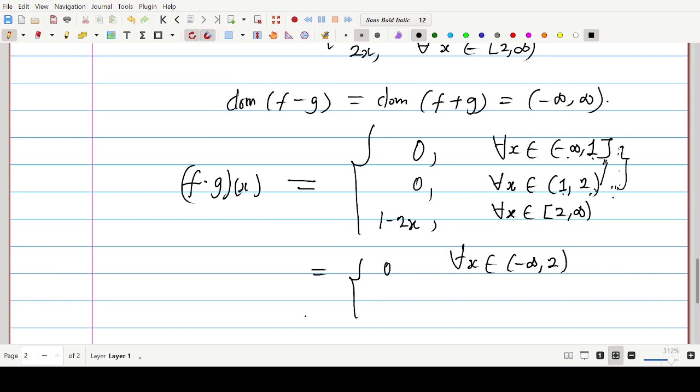Can you see that? So that summarizes these two cases. Then lastly, we have 1 minus 2x for all x that are coming from 2 to infinity.